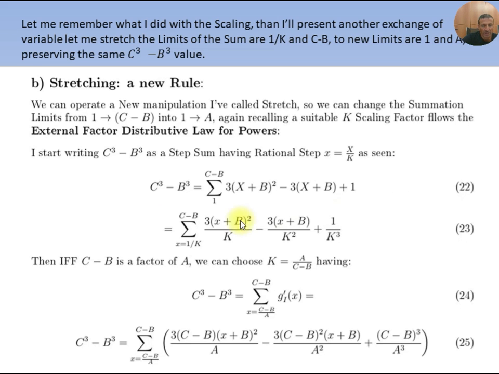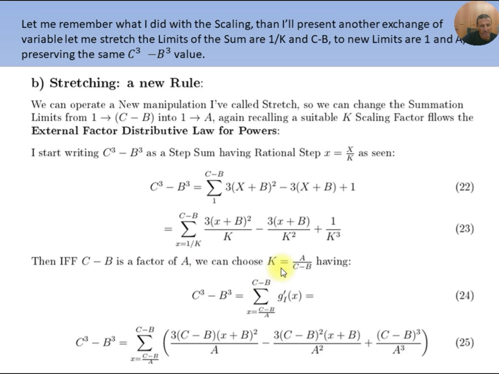So let me remember, we had c cube minus b cube equal to the sum having integer step from 1 to c minus b. Then we make the exchange of variable and pass from uppercase X to lowercase x, having this sum now, and then again at the condition that c minus b is a factor of a, because we need to go to the upper limit for sure with a finite integer number of steps.